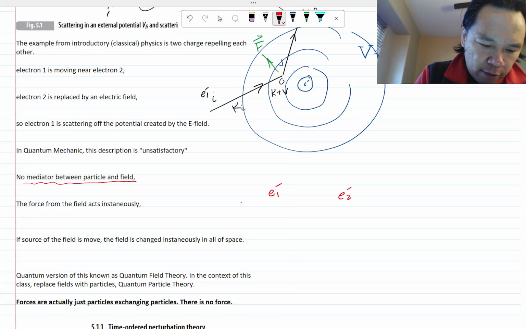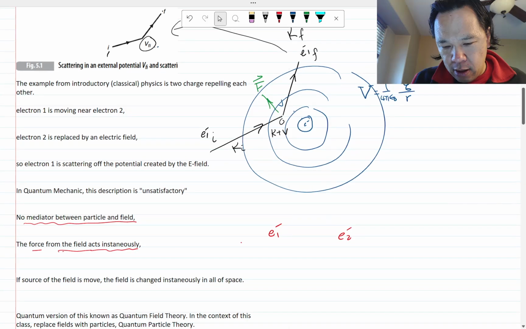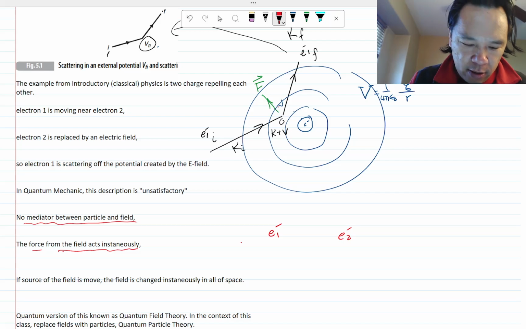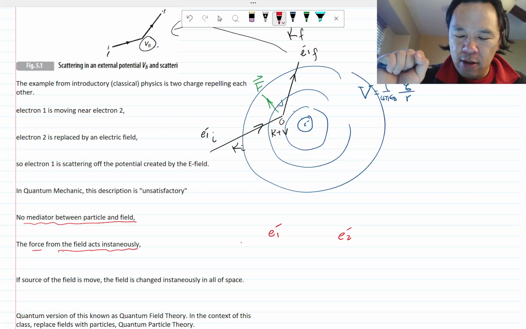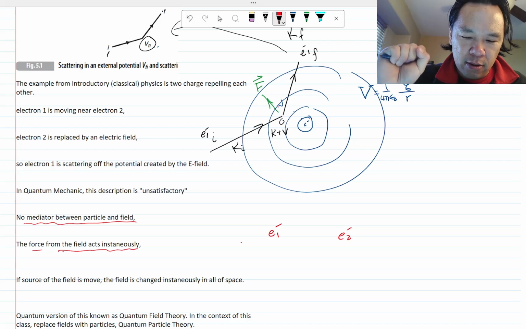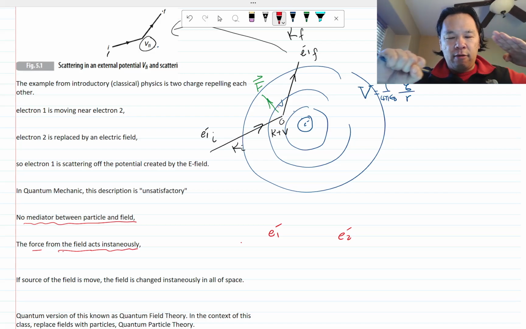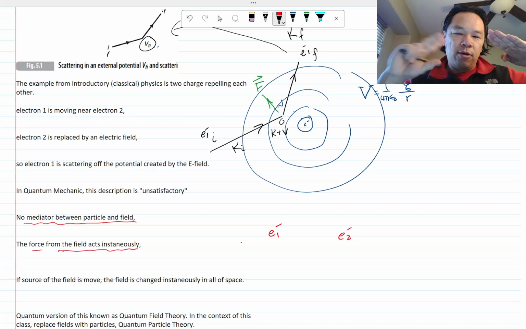The force also acts from the field instantaneously, meaning that as soon as this electron enters the electric field or the electric potential, it has an immediate effect on this electron, which doesn't make sense. Let's say someone is trying to play a trick on you and makes that electron disappear, and you're flying along with your electron thinking there's no field, but then they turn on that electron.